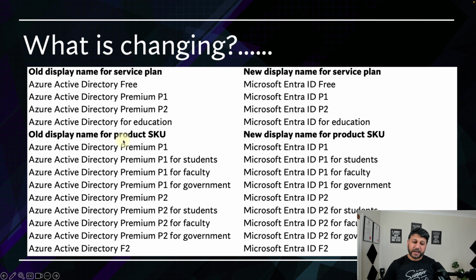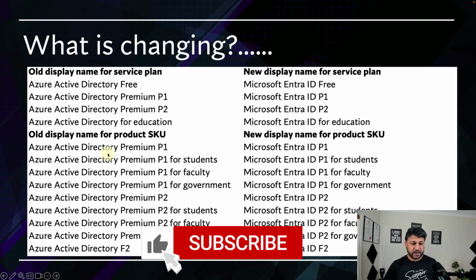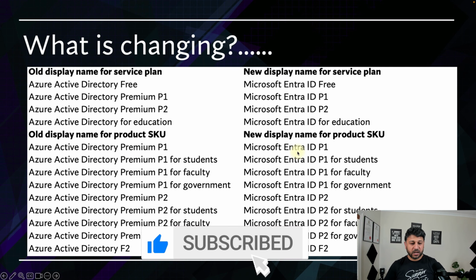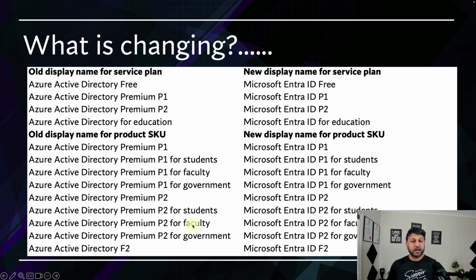The old display names for the product SKUs will change as well. So Azure Active Directory will be Microsoft Entra ID, same for the government and education offerings, for all these Microsoft products. So these are the name changes happening for the service plans and SKUs.